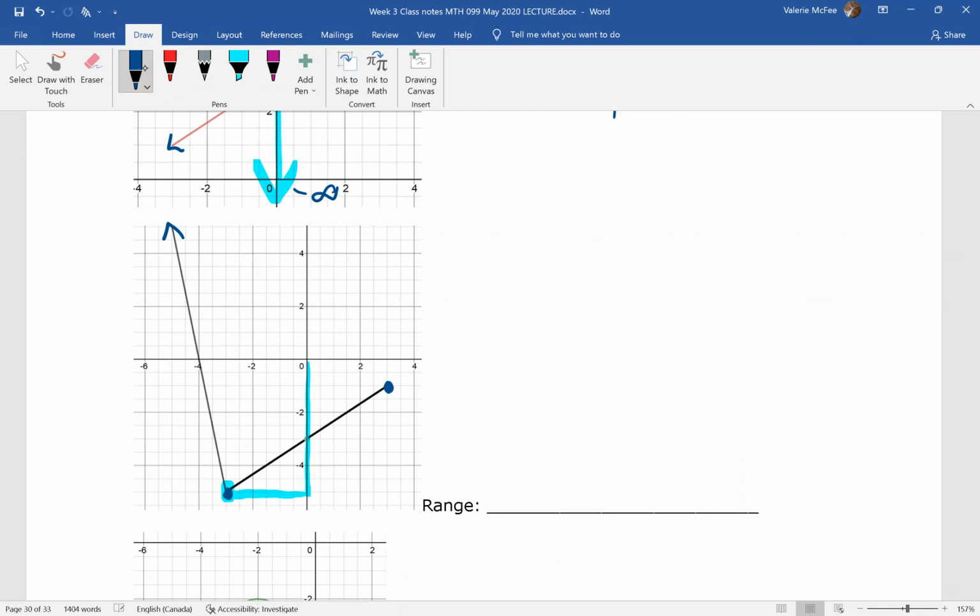How high up does it go? Well, there's a point here that stops, but then the rest of the graph keeps going up. This graph goes up forever. It doesn't matter that it stops here because there's still part of the graph that's going up.